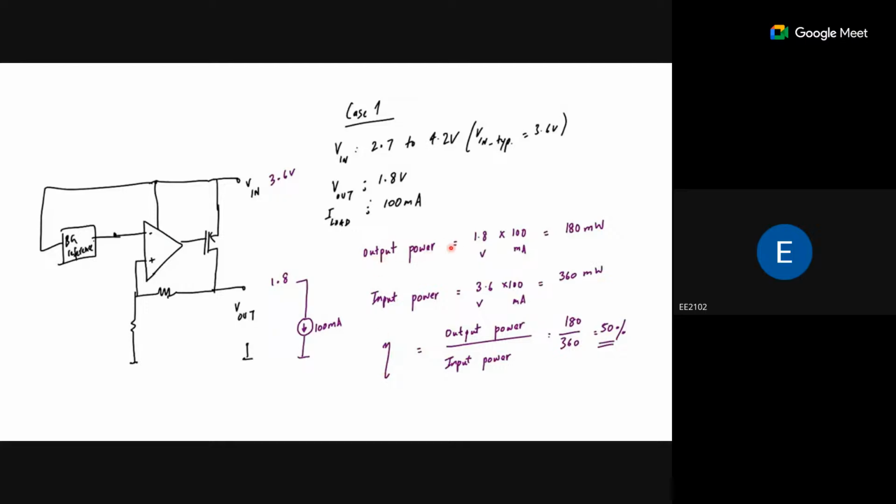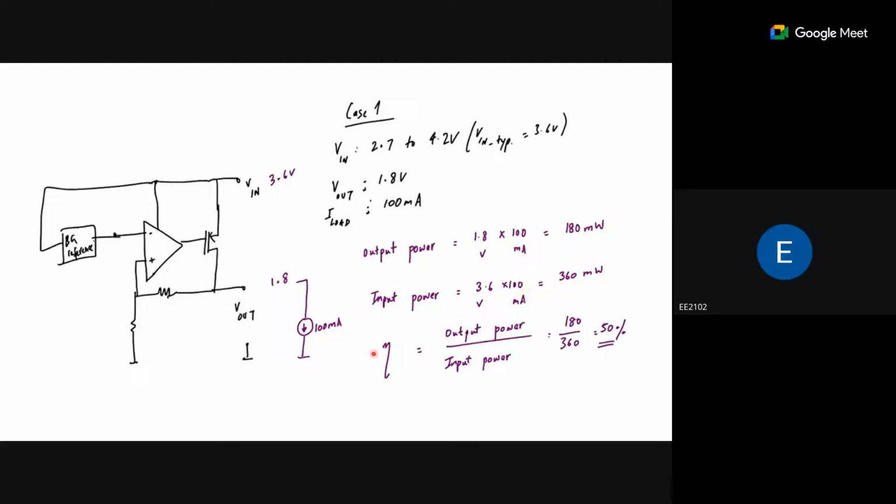Output power is your output voltage multiplied by the load current, which will give you 180 milliwatt. Similarly for the input power, the effective input voltage is taken as 3.6 volt. 3.6 times 100 milliampere gives 360 milliwatt.